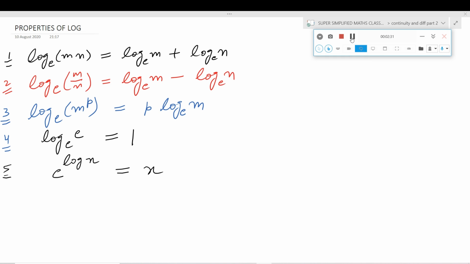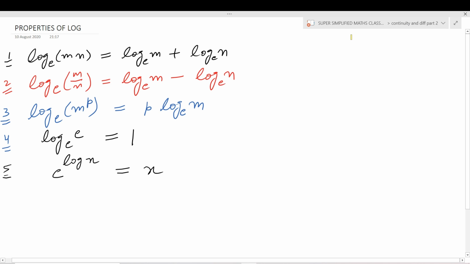Now let us discuss some properties of log. When we say log function, we mean log to the base e. First, log to the base e of mn is equal to log to the base e of m plus log to the base e of n. Second, log to the base e of m upon n is equal to log to the base e of m minus log to the base e of n.